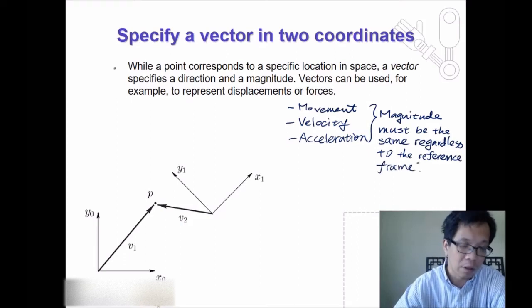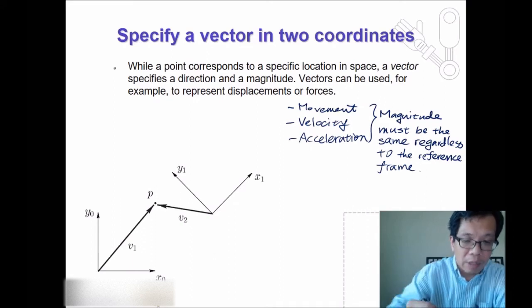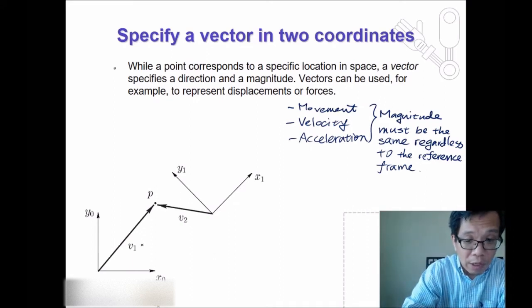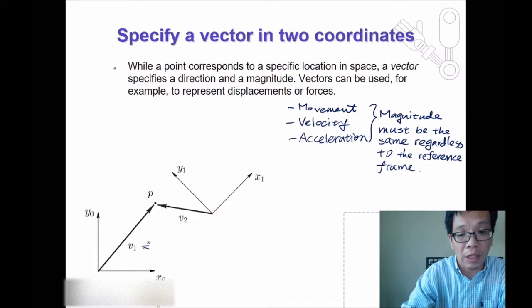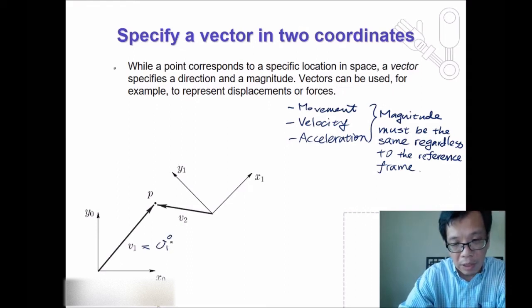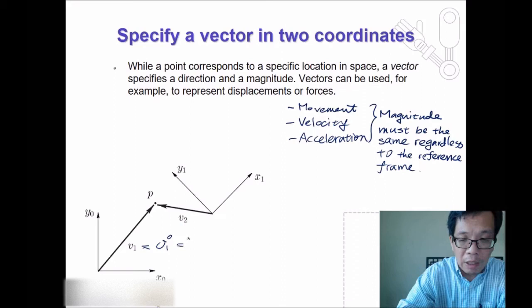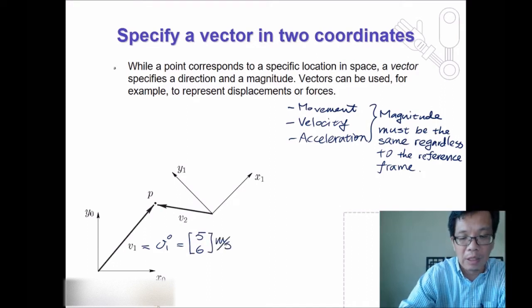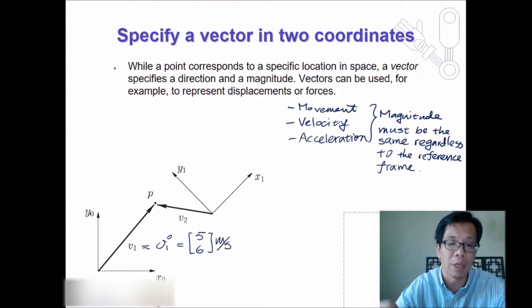What does that mean? So let's say you got the velocity over here measured from coordinate x0, y0. And we say this one over here, v1 measured from frame 0. In x direction, we know it's 5 meters per second. In y direction, it's 6 meters per second. Okay, so that is something we get.